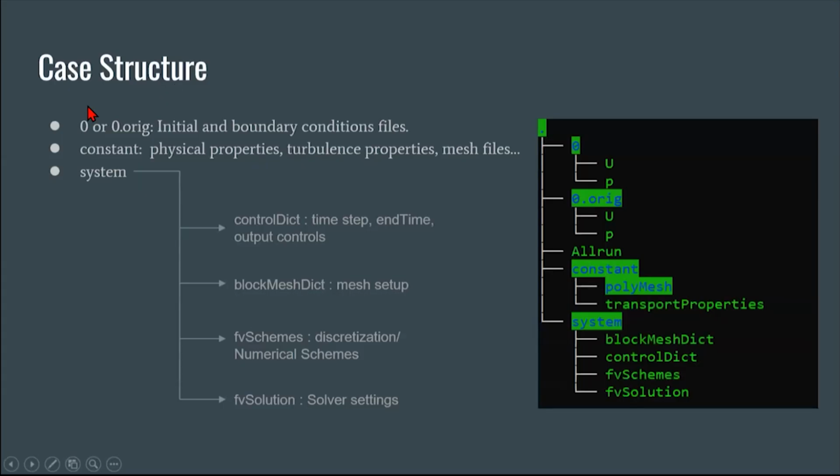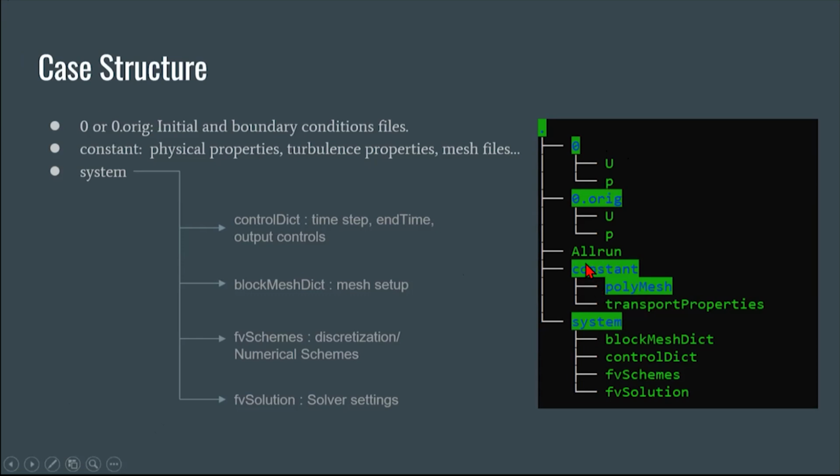This is the basic case structure of our case, which was also previously explained by my colleagues, so I won't be diving deep into the folder structure. The zero folder contains the initial and boundary conditions.